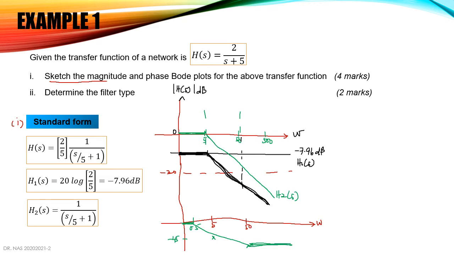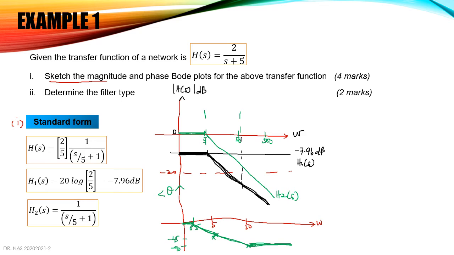Okay, it's negative 45 degrees and negative 90 at the next decade. Okay, so this is your phase plot.